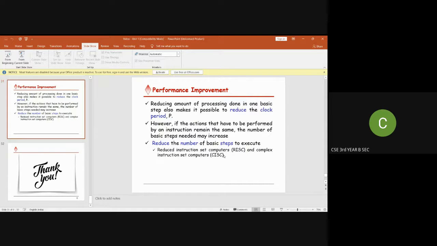Reduced instruction set computers contain very basic steps, but a large value of N. So S is small and N is large. But in complex instruction set computers, S is very large and the number of instructions N is reduced. These are the two different kinds of computers used to improve the performance.